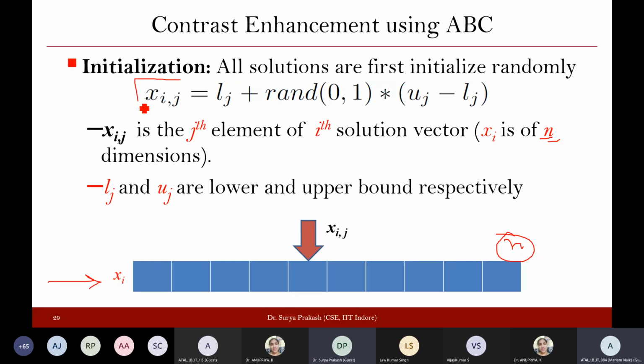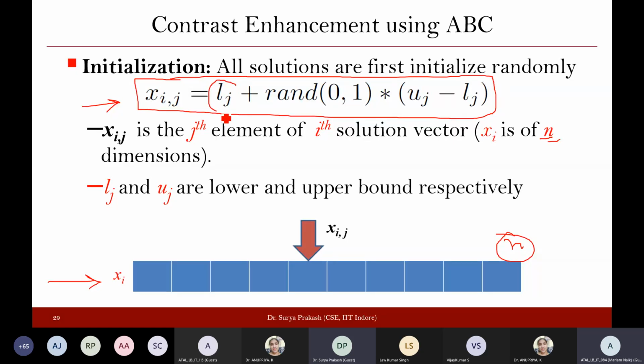This is the general formula for performing the initialization in the artificial bee colony. If you go to that paper, you'll find this formula, and it is true for a generalized case. Whenever you are doing optimization, you have constraints that the values should not go beyond certain limits, and with the help of those constraints we perform this initialization. So you can treat this as a generic formula.